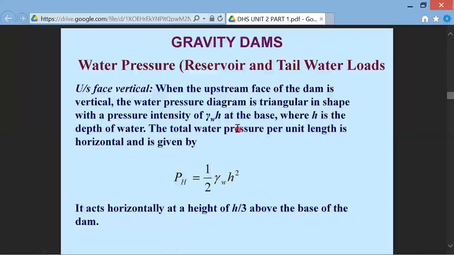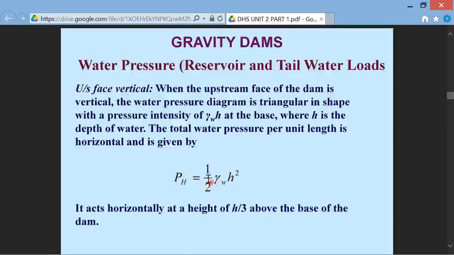The total water pressure per unit length is horizontal and is given by pH. pH means horizontal pressure is equal to half gamma W into H square. It acts horizontally at the height of h/3 above the base of the dam.